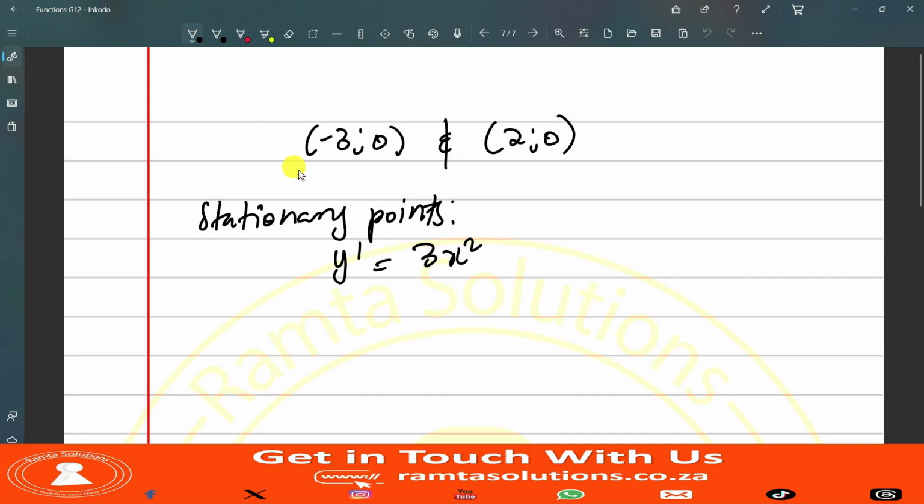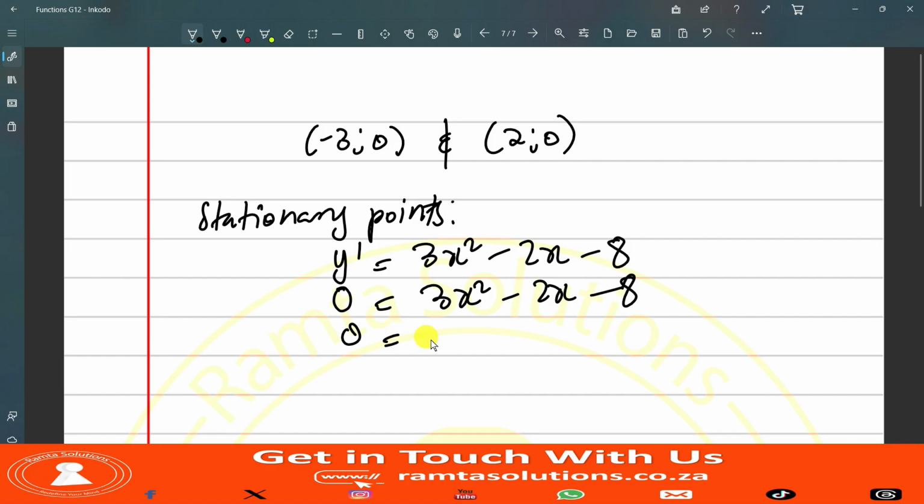Okay, so now let's go back. So we said y prime will be 3x squared minus 2x minus 8, right? Now to find the stationary point, the derivative will be equated to 0. So this then becomes 3x squared minus 2x minus 8.